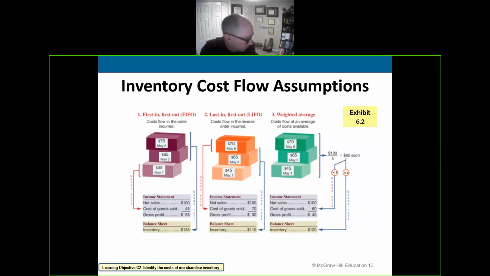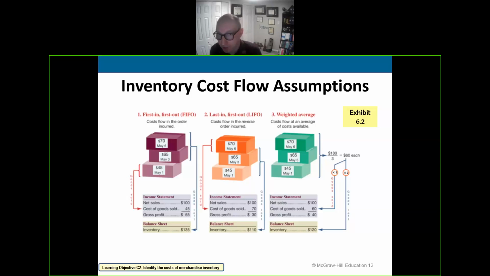Let's talk about the second method, last in, first out. Best Buy. Best Buy. Last in, first out. Because again, it doesn't matter at Best Buy in the order I sell my inventory because electronics don't expire.